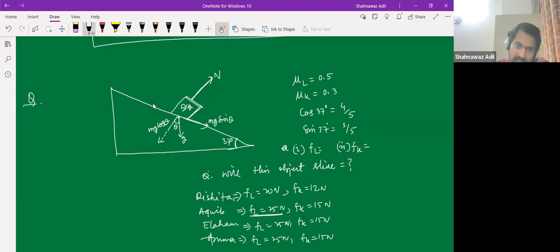In this direction we are experiencing the friction. So the limiting friction FL would be mu L times N. From this diagram, N is how much? Should we take N equal to mg cos theta? Yes, absolutely right. Everyone agrees to this answer, right?